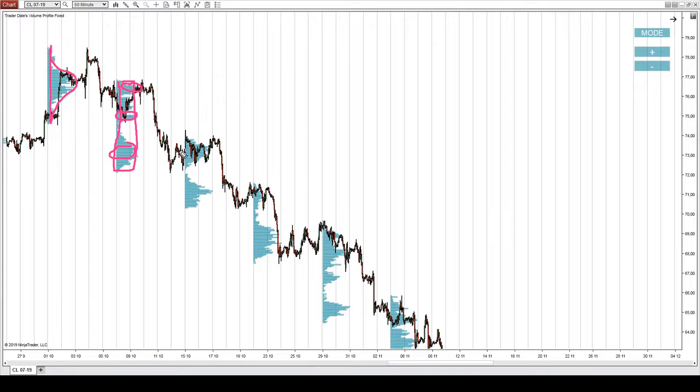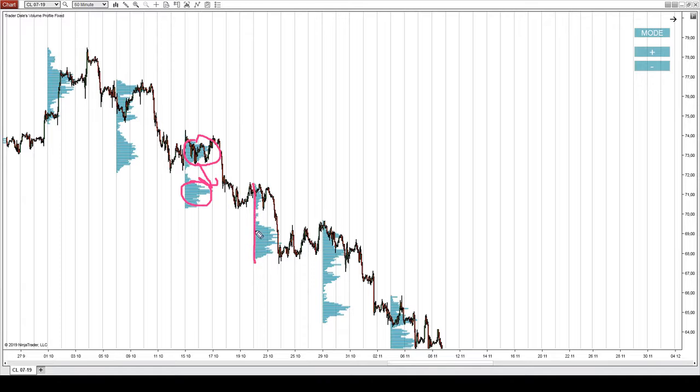Alright, the next thing that happens is sort of a double distribution. In this case, it doesn't really say anything because it's not followed by the D-shaped profile. If it was, then it would be a sign of rotation, but it isn't, which means that the volumes are shifting downwards from this place to this place, a sign of sellers.